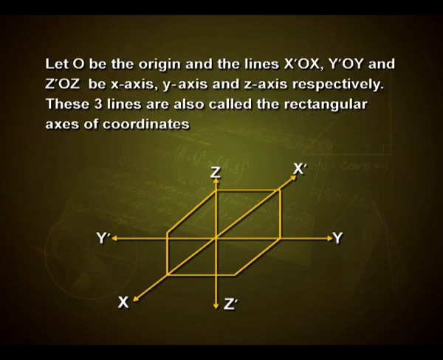Let O be the origin and the lines X'OX, Y'OY and Z'OZ be the x axis, y axis and z axis respectively. These three lines are also called the rectangular axes of coordinates.